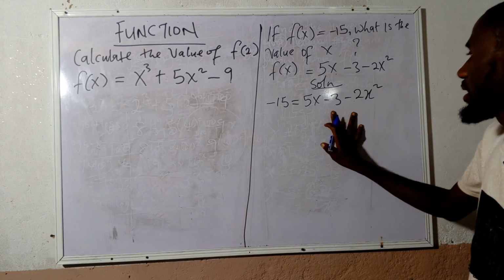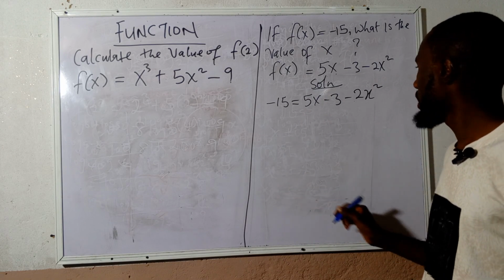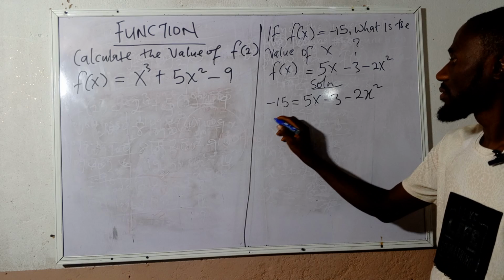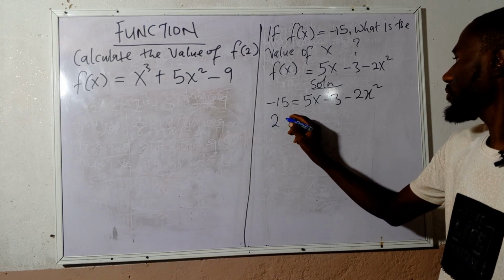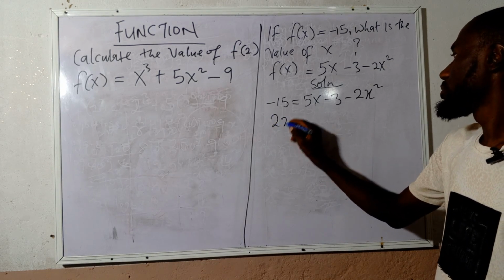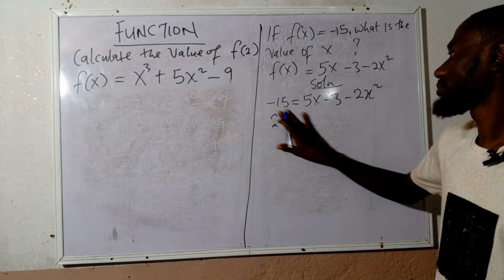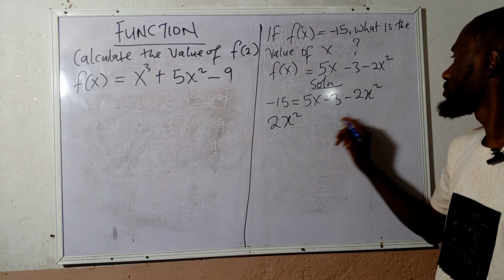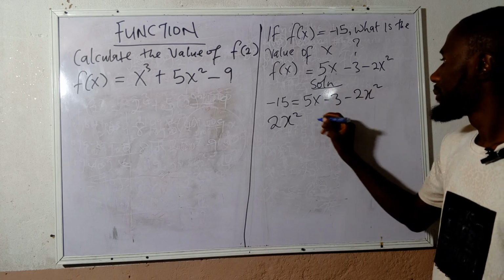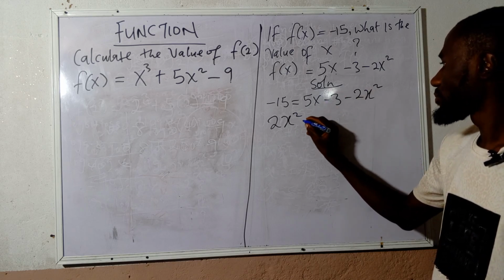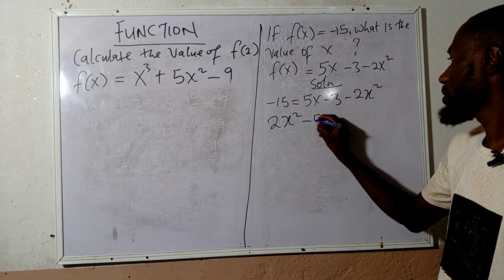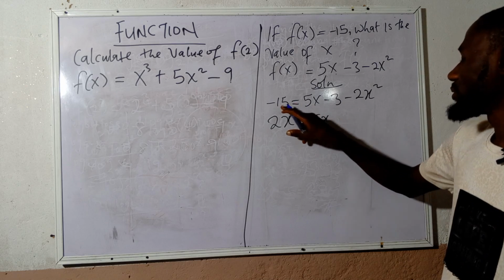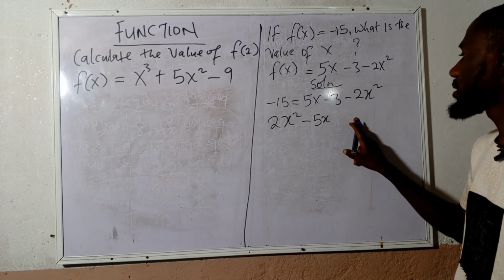Then let's take everything to the right hand side. Take minus 2x squared to the right hand side, it will be 2x squared. We take minus 5x. We take minus 15 to the right hand side.